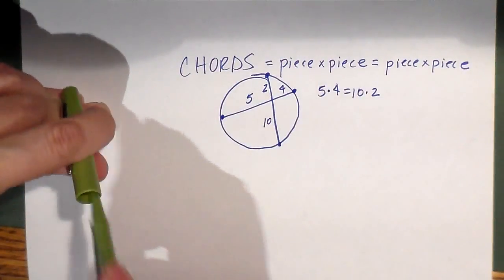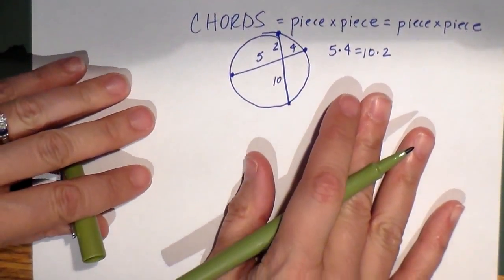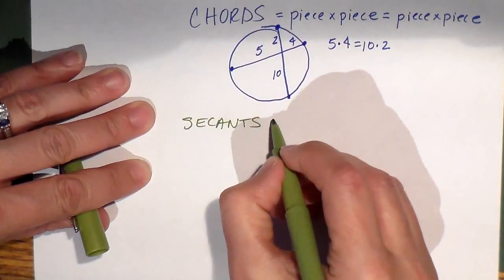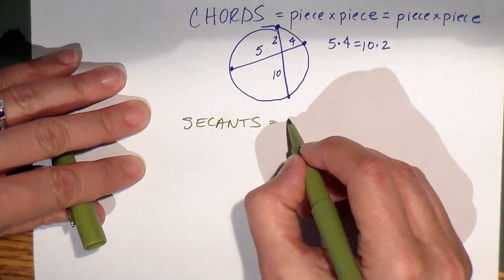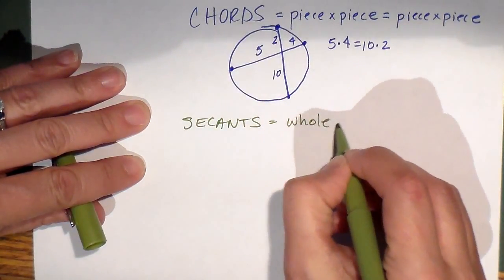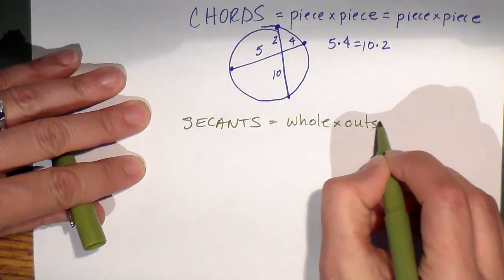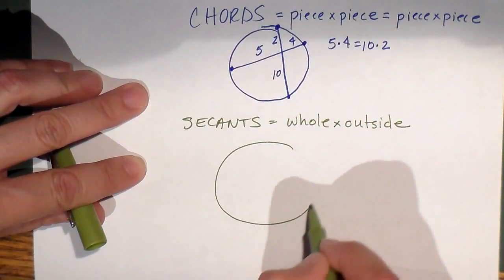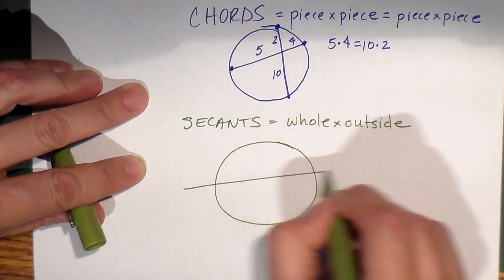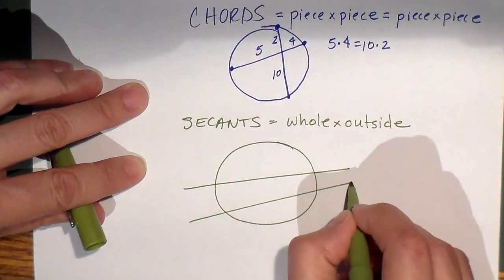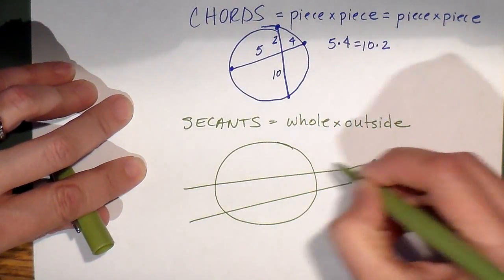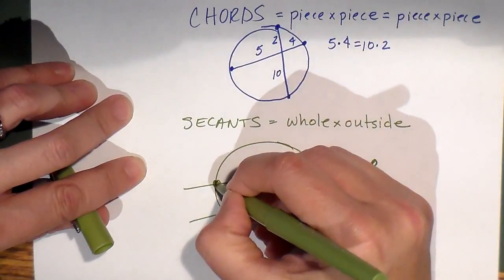All right, for secants. If we look at secants, remember what secants are. Secants are whole times outside. So if I have secants, anytime I have a secant and a secant, I'm going to truncate these a little bit.